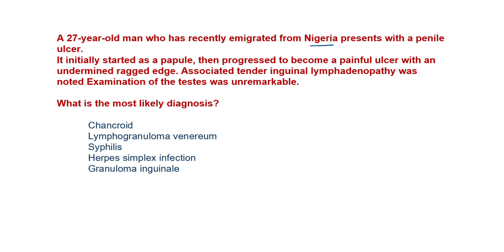He didn't mention systemic affection as yet. So the ulcer initially started as a papule, then progressed to become a painful ulcer. Okay, so I'm restricting my choices now to either herpes simplex or chancroid.